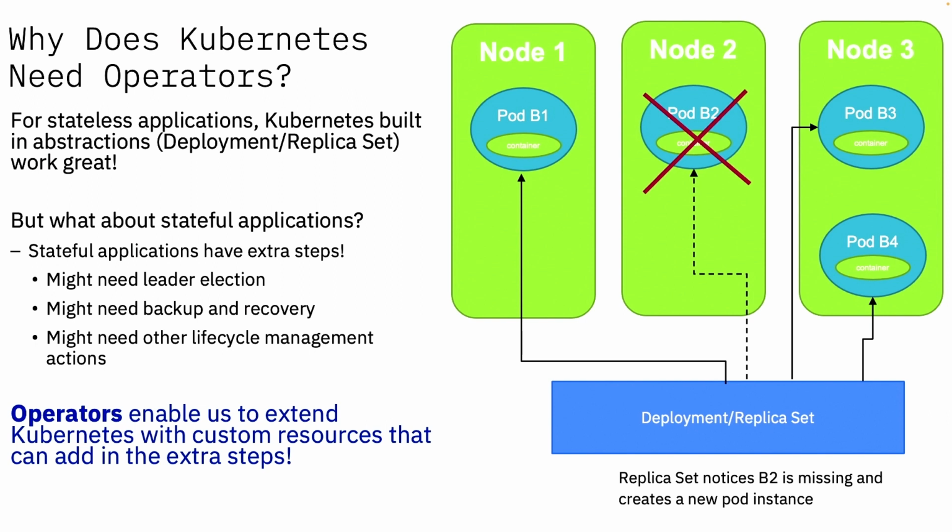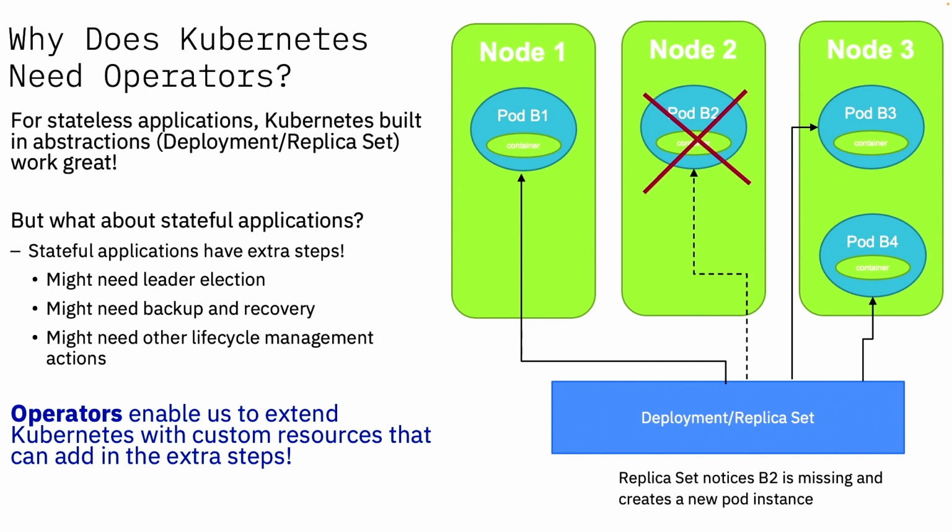So the deep dark secret is Kubernetes is great for what are called stateless applications. Stateless applications, like a web application server, typically stateless. But what about stateful applications? Stateful applications are things like databases, things that need leader election, things that need backup and recovery, things that need lifecycle management.